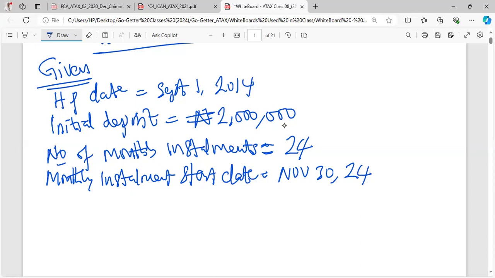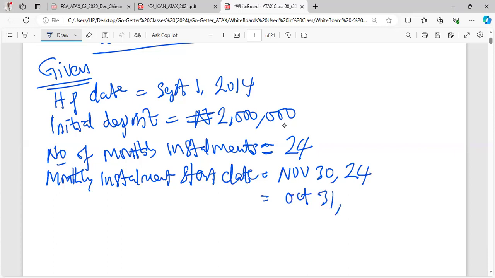So what it means is that 24 monthly installments will be 2 years. If the first month is November, the second month will be December, the third month will be January, February. So what I'm getting at is that the 12th monthly installment will be October.